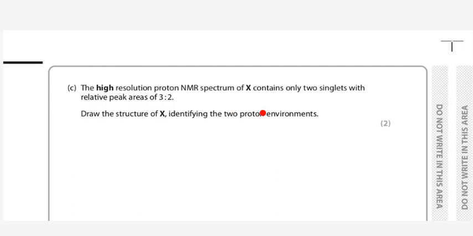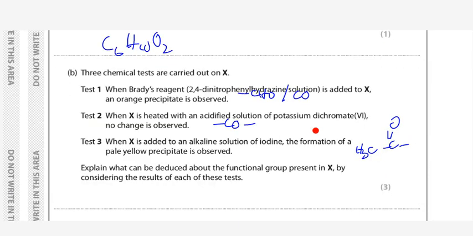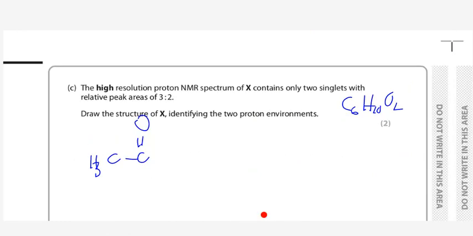The high-resolution proton NMR spectrum of X contains only two singlets. Relative peak areas 3 to 2. One has 3 hydrogens, the other has 2 hydrogens. Deduce and draw the structure of X. So there should be a methyl carbonyl group for sure, and the molecule is C6H10O2.